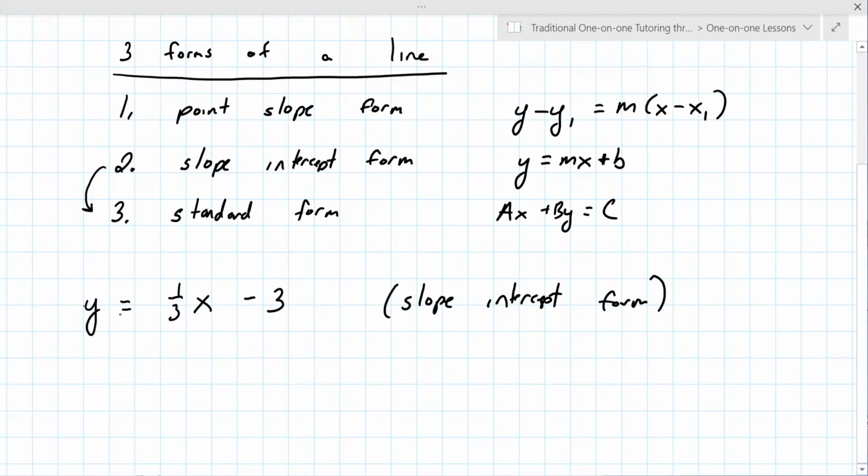So we need to move the x term to the left. Do you see how x and y are on the same side here? X and y need to be on the same side over here.